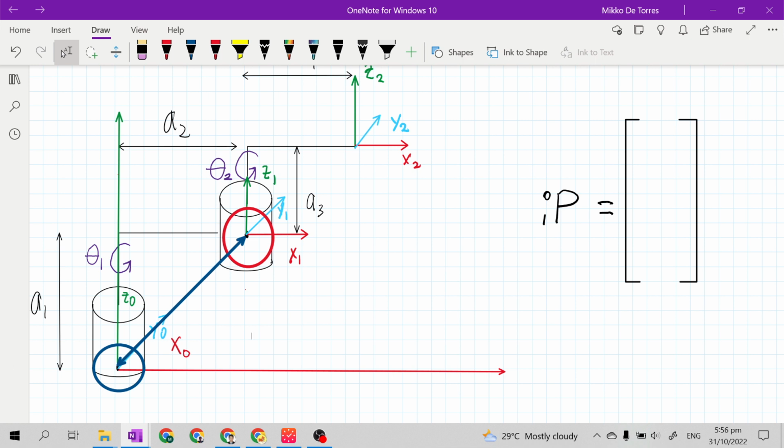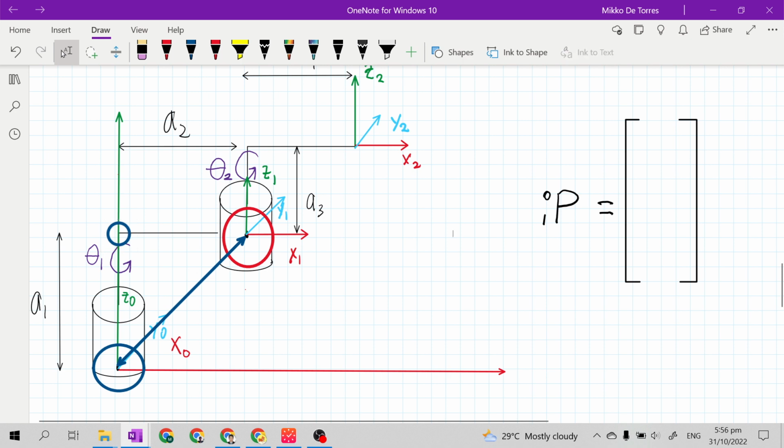It is how high is the length from the base up to this point of the first joint.